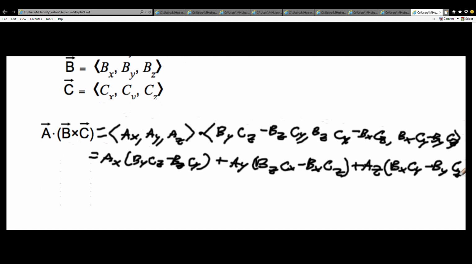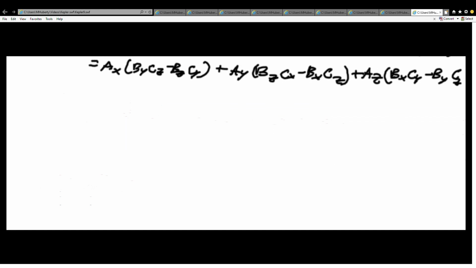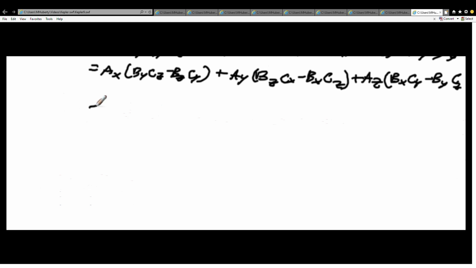All right. Now this stuff can actually all be written as a determinant. So let me rewrite this as a determinant with AX. Maybe you can see this here, right? The AX is being multiplied by BY CZ minus BZ CY.